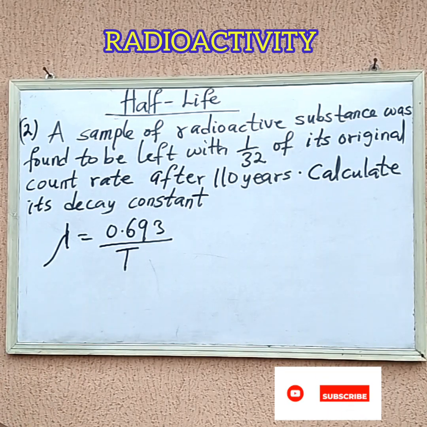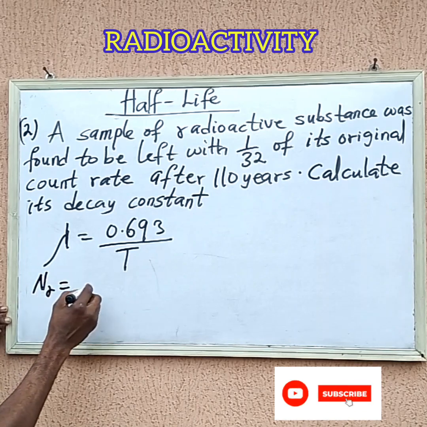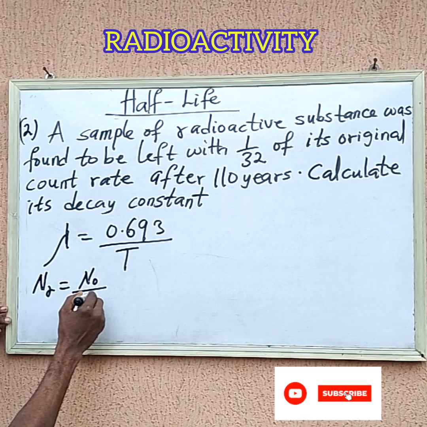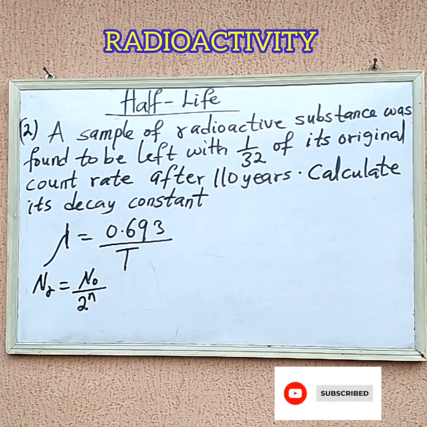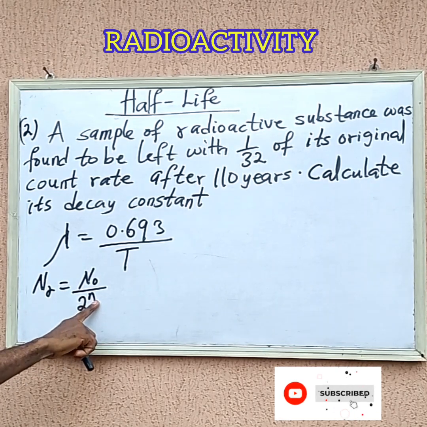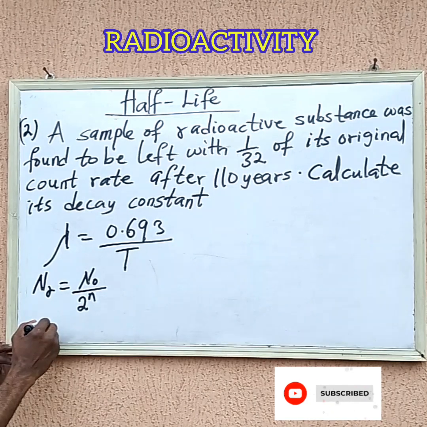Now look at this formula that I always use. N_R equal to N naught all over 2 raised to power n. But this one does not have anything to do with the half-life, which is T. So that will not take you to this n. It is this n here that has a relationship with the half-life.